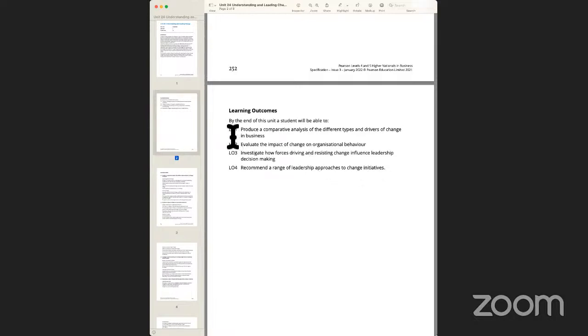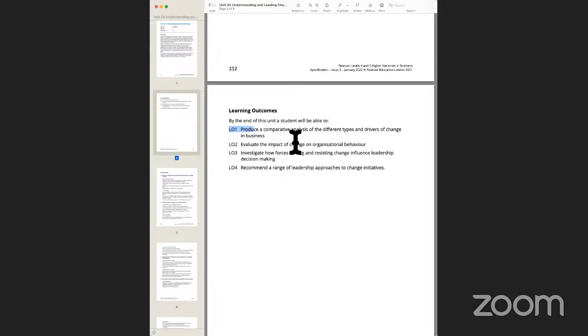Learning outcome 1 talks about producing a comparative analysis. That means, in order for us to understand what evidence is required for the assignment tasks, it will be related to producing a comparative analysis.